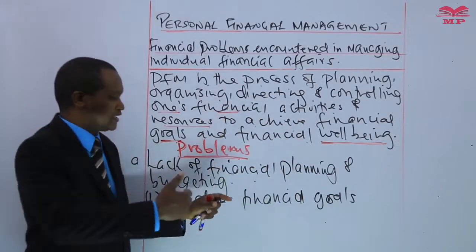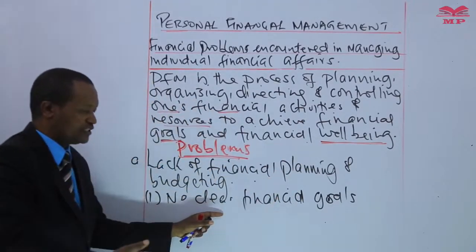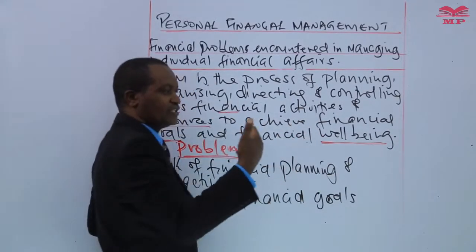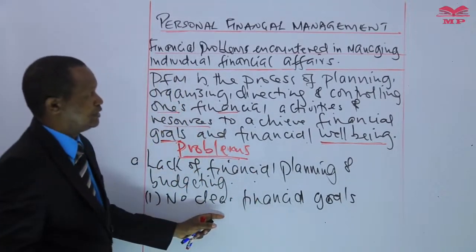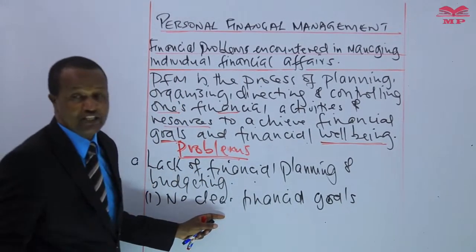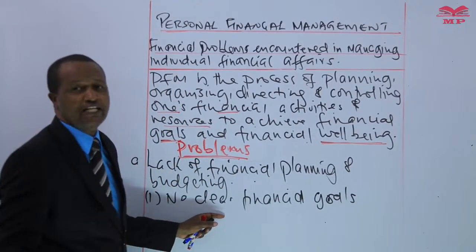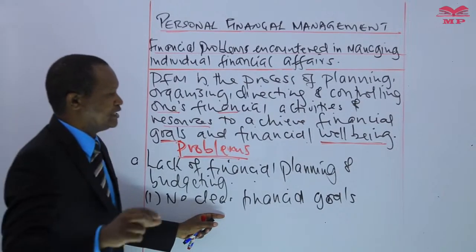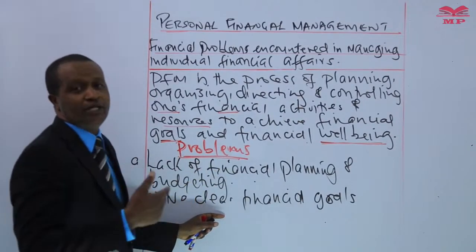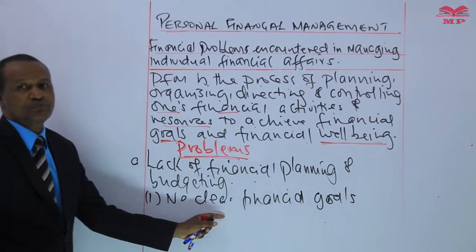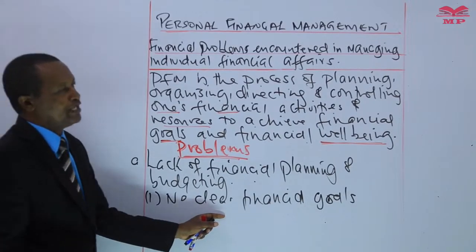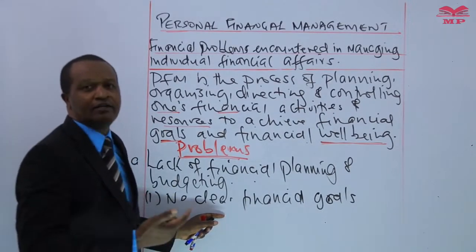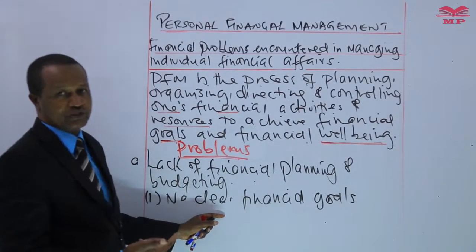If I don't have that plan in advance before I get the money, that means that I will have a problem in managing my financial affairs because I'm most likely to spend that money on things that may not be useful. I may not make proper financial decisions.